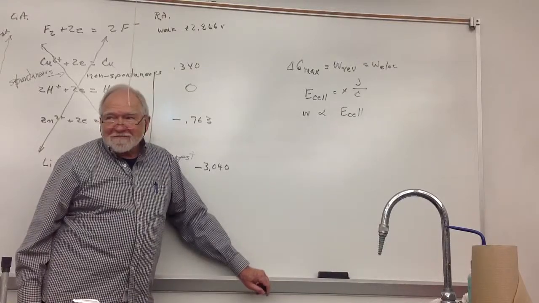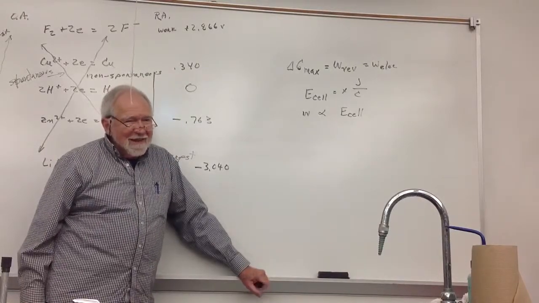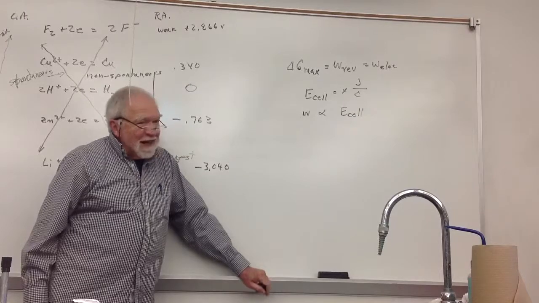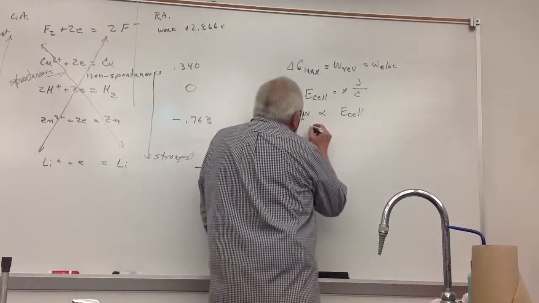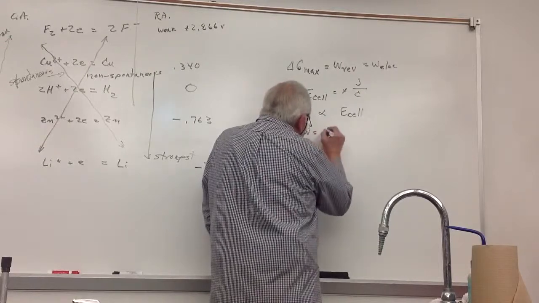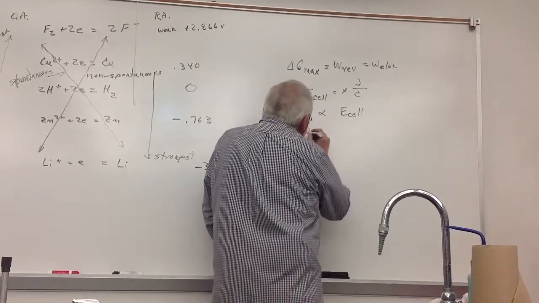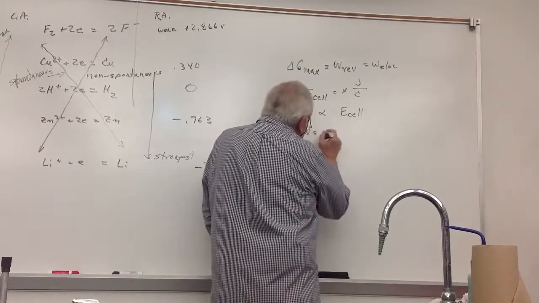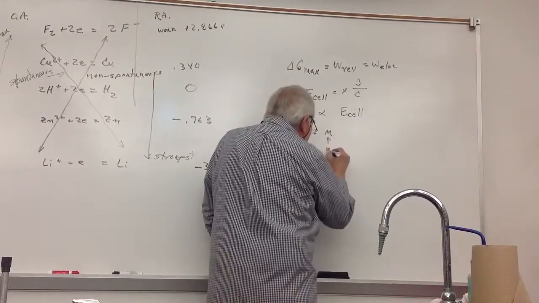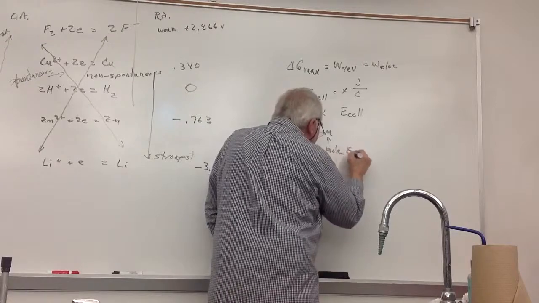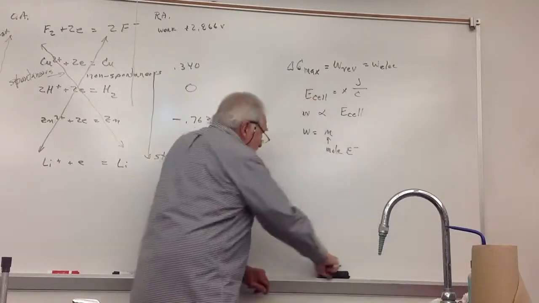So far, so good. And all I have to do is put in some proportionality constants. This is joules per coulomb, so I have to say, I'll put the sign in. Oops, wrong.